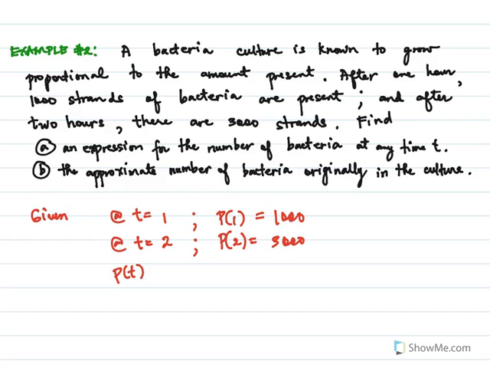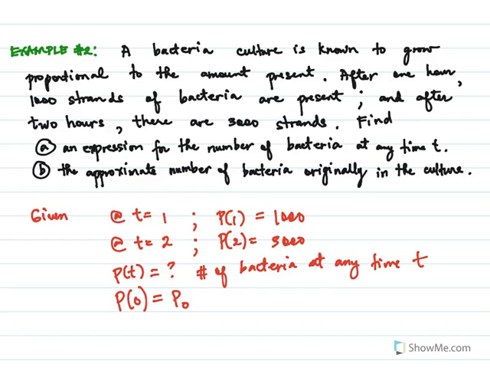So that's P of t. And then you want to find the approximate number of bacteria originally in the culture. So we want to find also P of 0, which we can denote as P naught. Okay, so that's at t equal to 0.